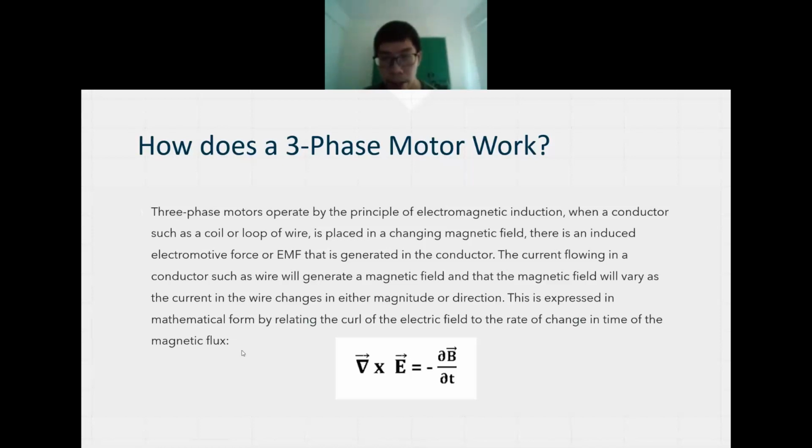The current flowing in a conductor such as a wire will generate a magnetic field, and that magnetic field will vary as the current in the wire changes in either magnitude or direction. This is expressed in mathematical form by relating the curl of the electric field to the rate of change in time of the magnetic flux. So this is the formula.